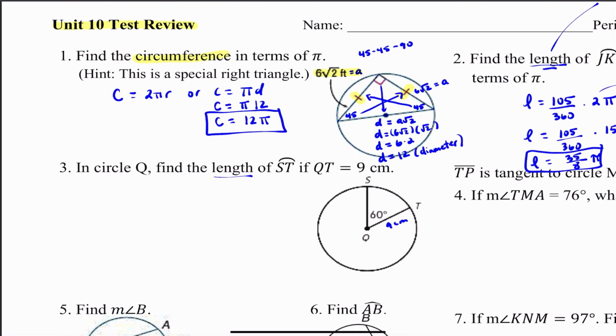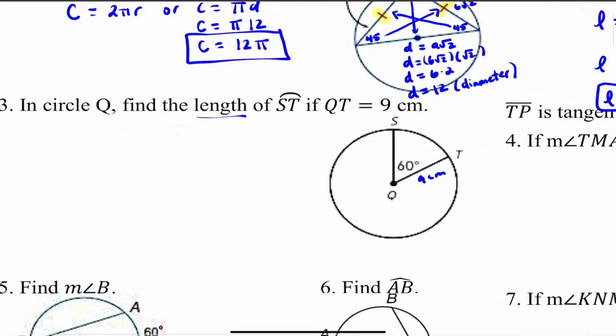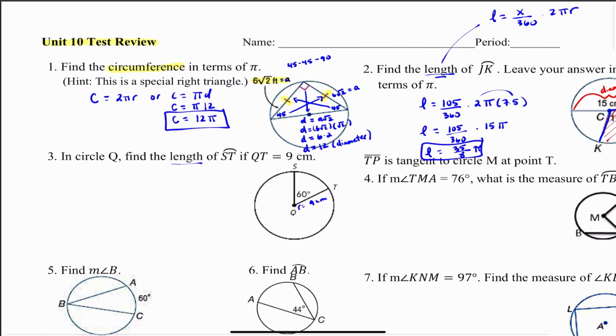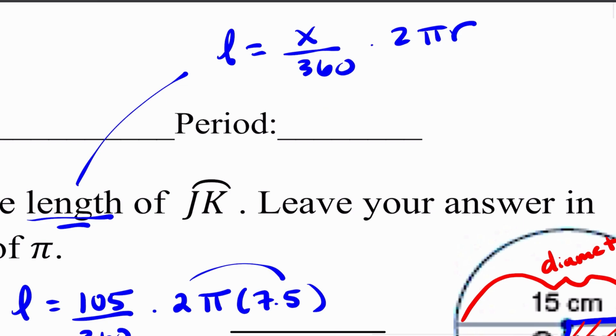That means I'm going to be using the arc length formula. Note that, again, we're dealing with a center point. The center point to the circle is 9 centimeters. That's our radius. And that's what I mean by what I said earlier, because we're not given the diameter, we're actually given the radius, so we're using this formula.